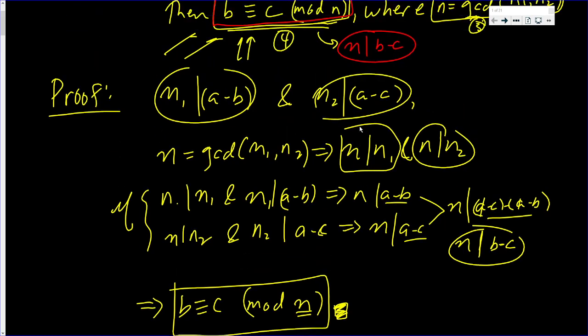Now, question is, did N have to be the GCD of N1 and N2? Could we have gotten away with N just being a common divisor of N1 and N2? A weaker statement. In the comment section, state what you think.